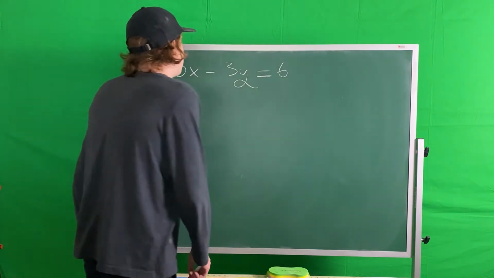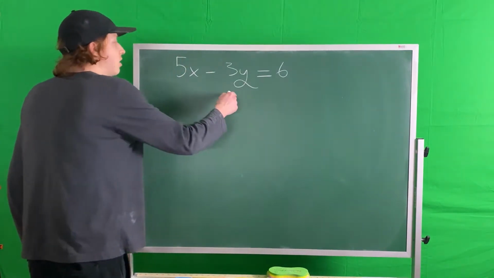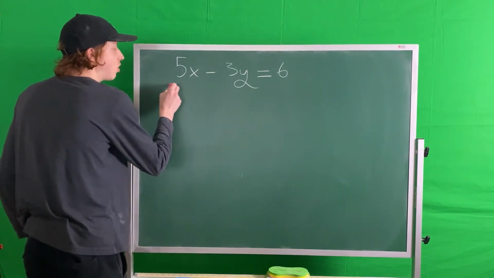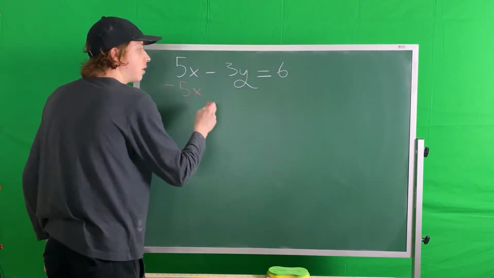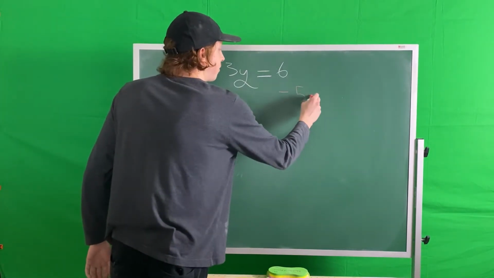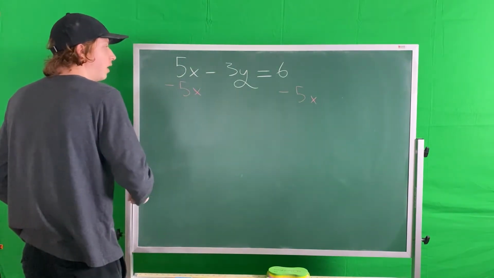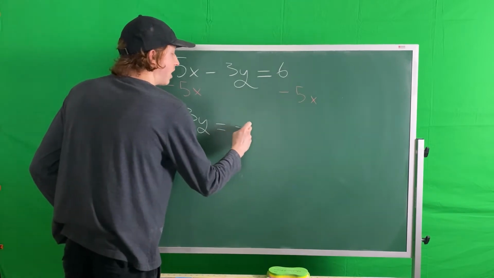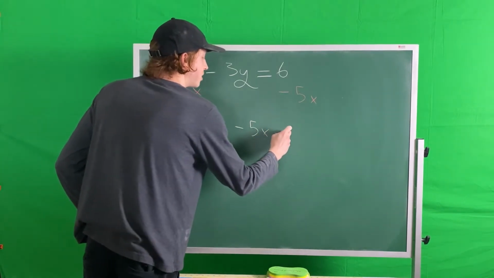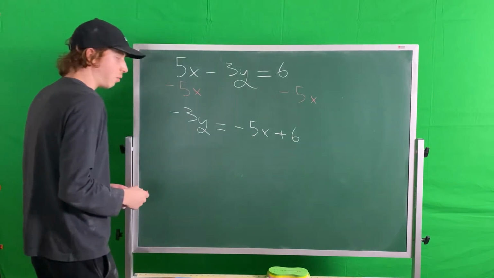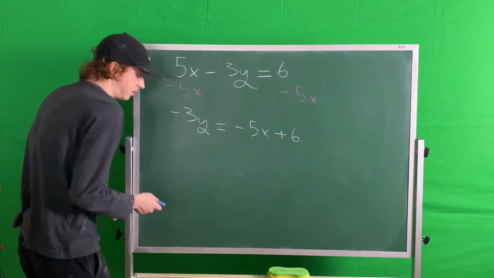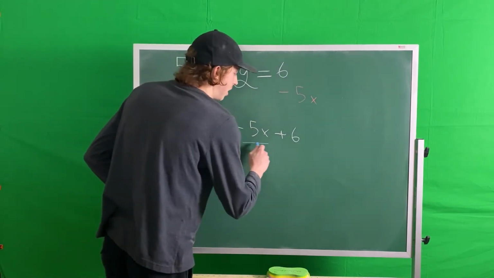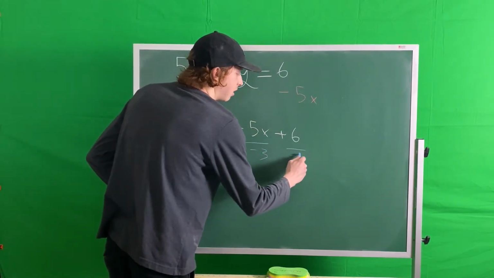First thing I'm going to do is isolate this y. We're going to use the same steps as prior. We subtract 5x on both sides, which gives us negative 3y is equal to negative 5x plus 6. Then we divide by negative 3.